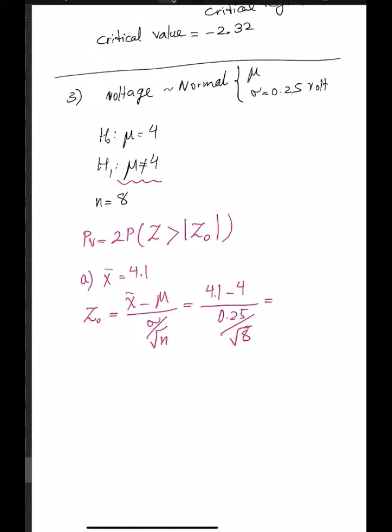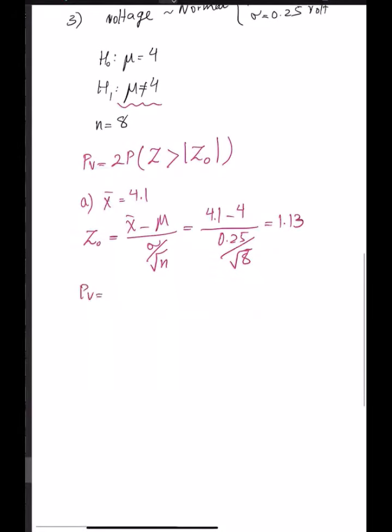And this is going to be 1.13. So the p-value is going to be 2 times the probability that the standard normal random variable is greater than 1.13. That's going to be 2 multiplied by 1 minus the probability that z is less than 1.13.